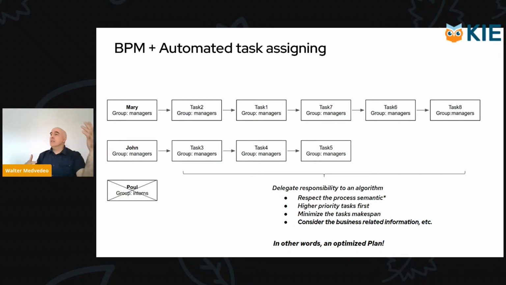Distribute the tasks, consider priorities, minimize the makespan, and eventually consider more business-related information. This last point is very important because considering business information for the task assignment and distribution is not possible with the standard business process management approach, right?